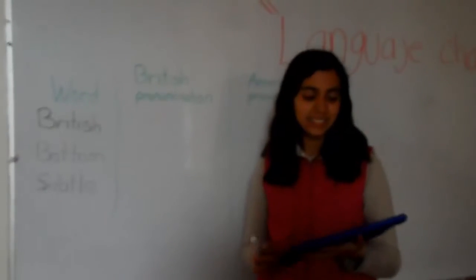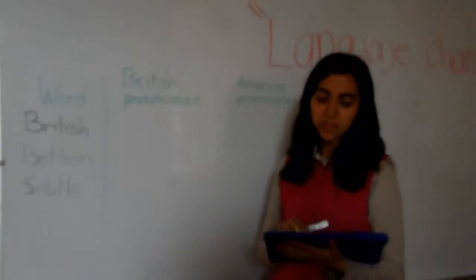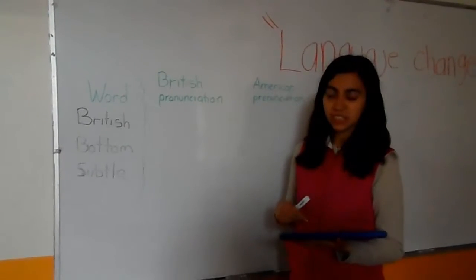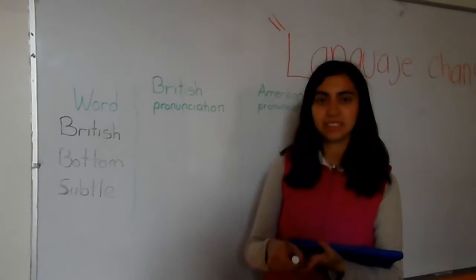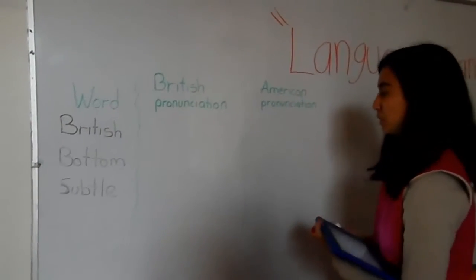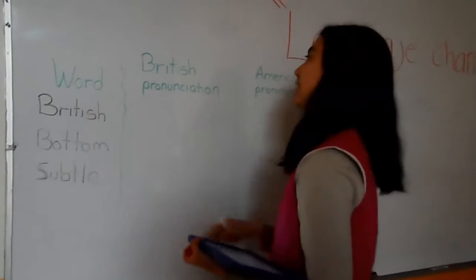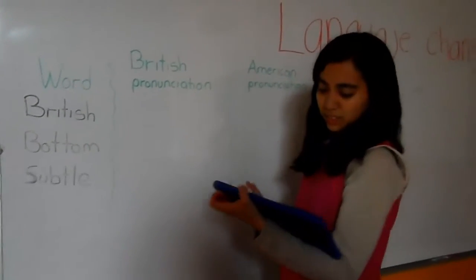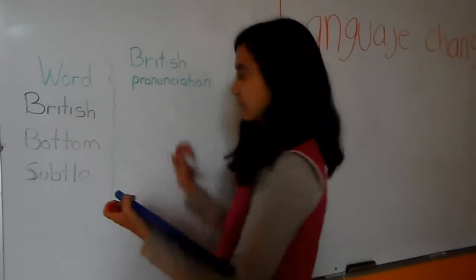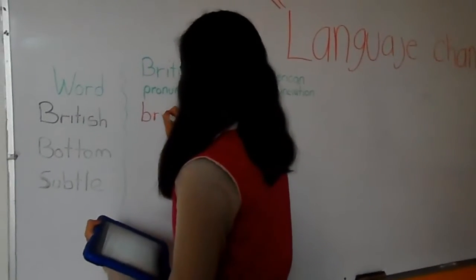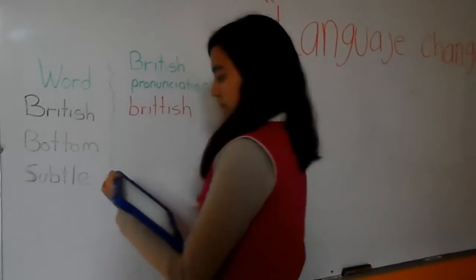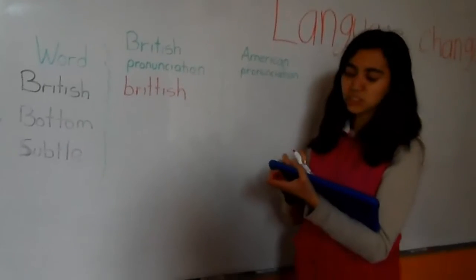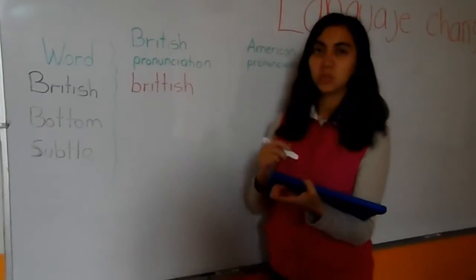Another difference is that the letter T in the middle of the word sounds stronger in British English, while in American English it sounds like a letter R. For example, the word British in British pronunciation sounds one way, and in American pronunciation it sounds another.